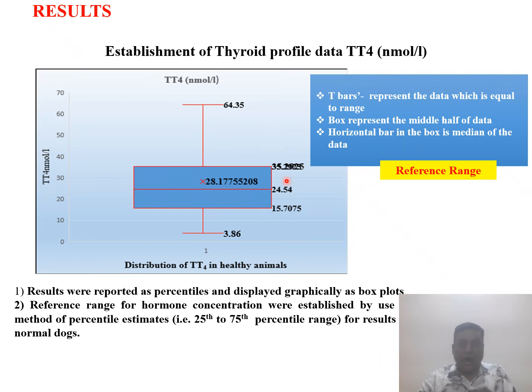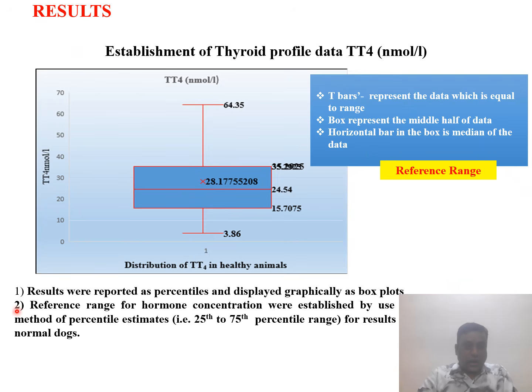I'm again repeating how to read this particular graph. Here 3.86 to 64.35 is the T bar, and they are equal to range. However, this is the box. This box represents the middle half of the data, and the horizontal line in the box is the median of the data.